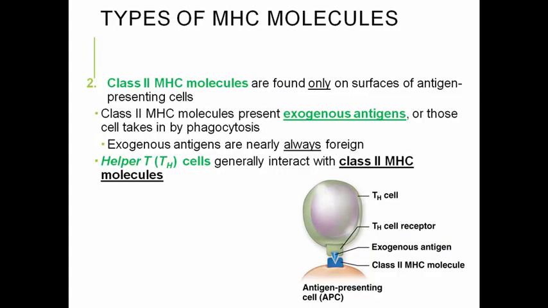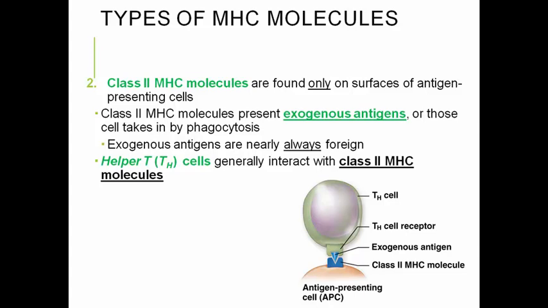Class 2 molecules are found only on APC cells. So your class 2 present exogenous antigens. Exogenous antigens are always foreign, and the MHC class 2 complexes are the ones that would respond to this. And this is where your T helper cells will generally interact with the class 2 MHC molecules.